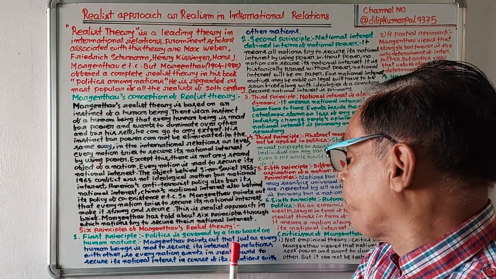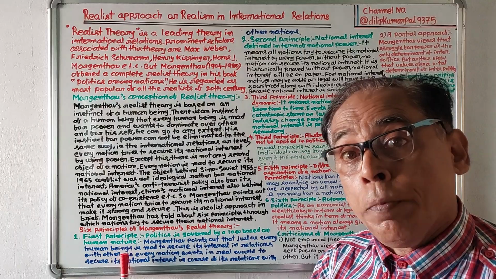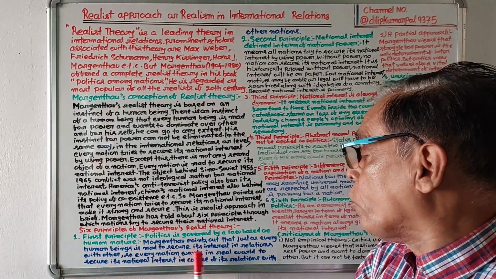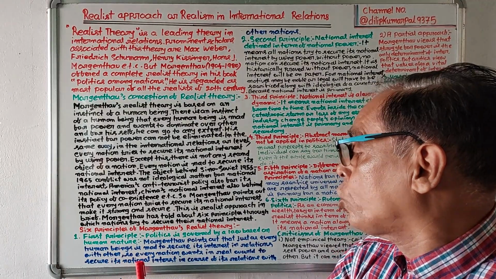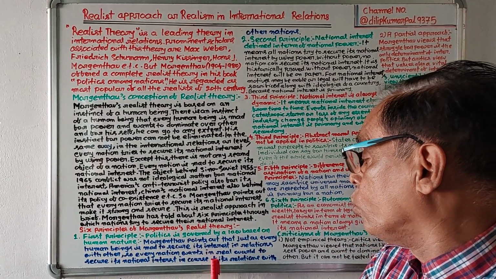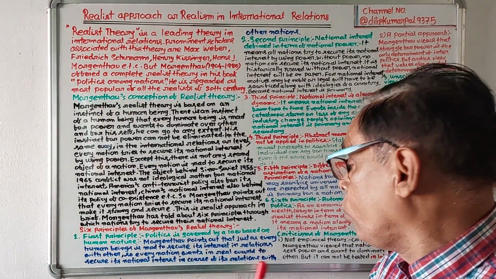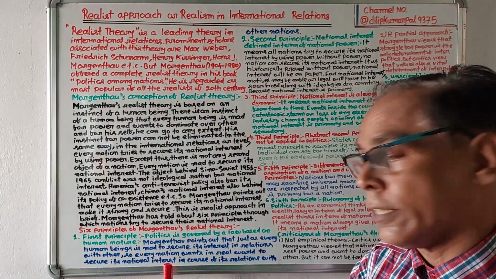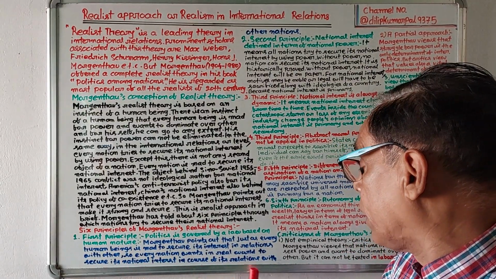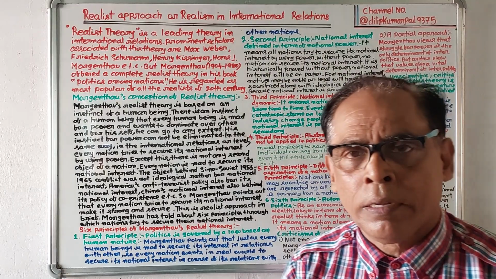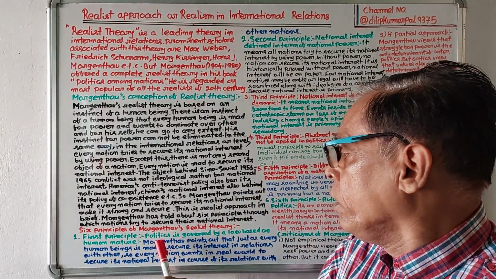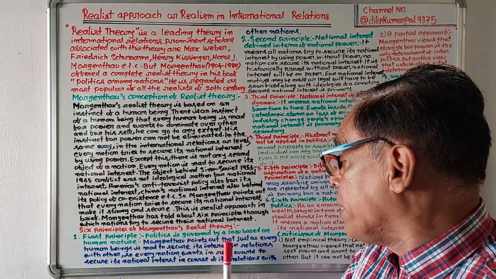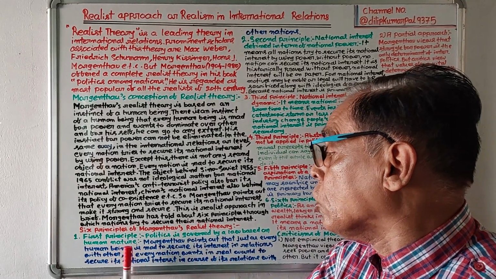Morgenthau points out that just as every human being is made to secure its interest in relation with others, so every nation wants, in the real world, to secure its national interest in the course of its relations with other nations. So the first principle of Morgenthau is that politics is governed by a law based on human nature.